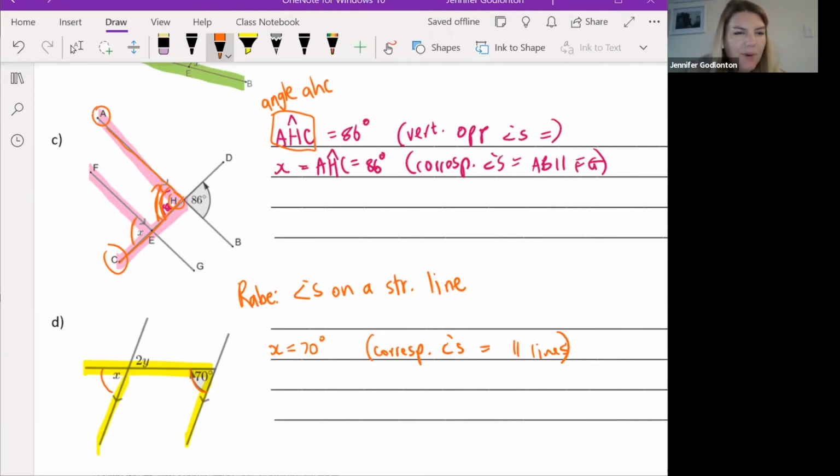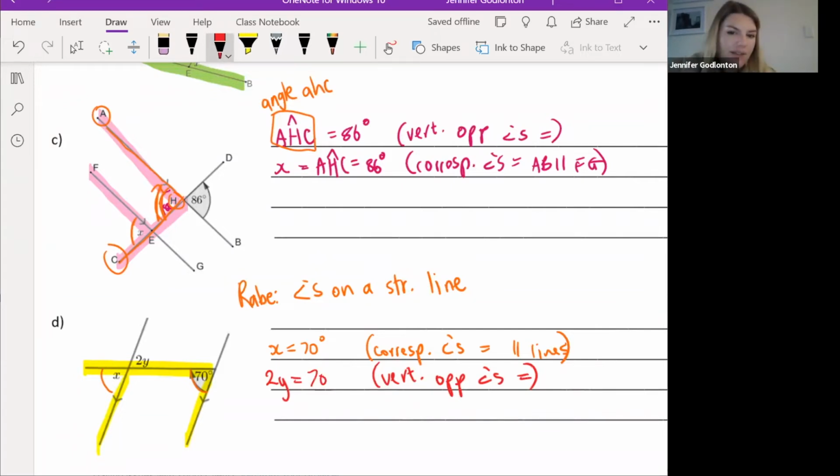Amber, do you want to finish this one off? Yes, ma'am. x is 2y because it's vertically opposite angles. Yeah, we're going to say vertically opposite angles equal. Good. And then 2y is equal to 70 degrees, corresponding angles.